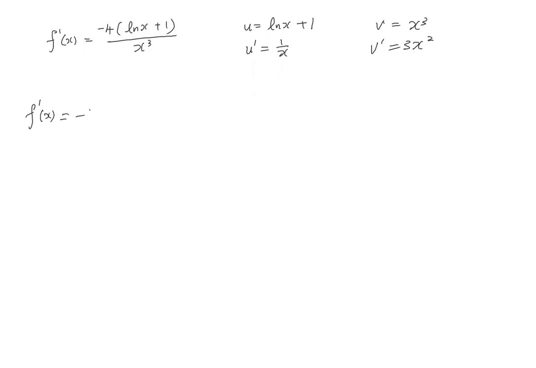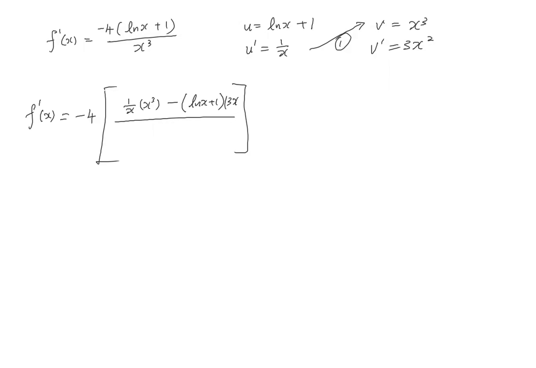Just put the -4 outside. Okay, so we sub in the formula this way first. Please always remember: 1 over x cubed, take away (ln x plus 1), bracket it up, 3x squared. The whole thing divided by x cubed to the power of 2.